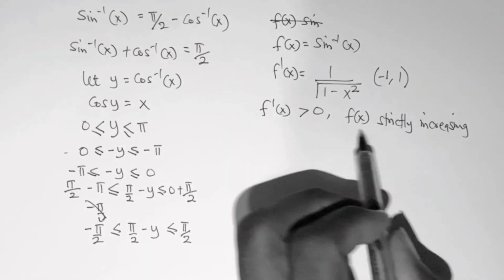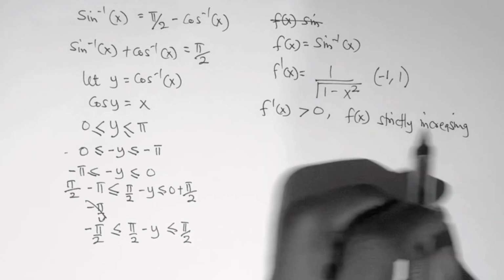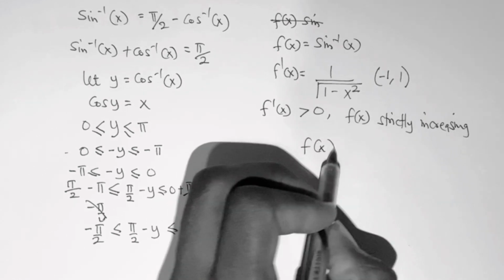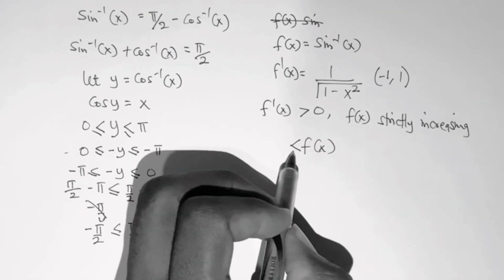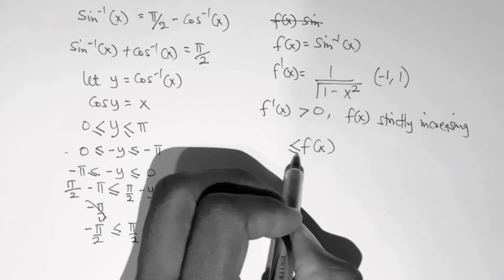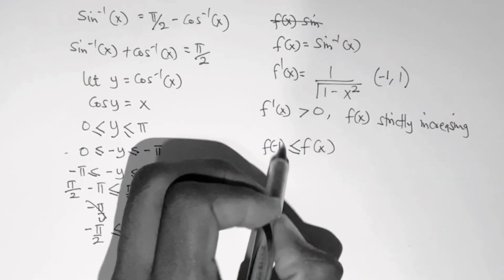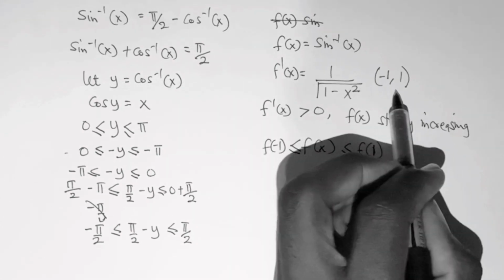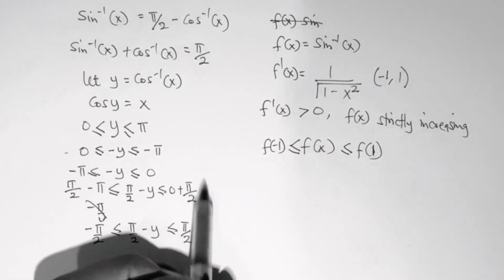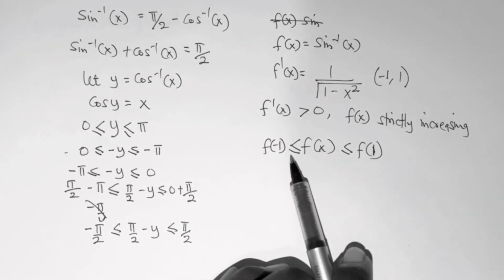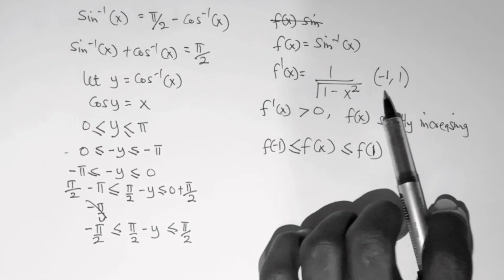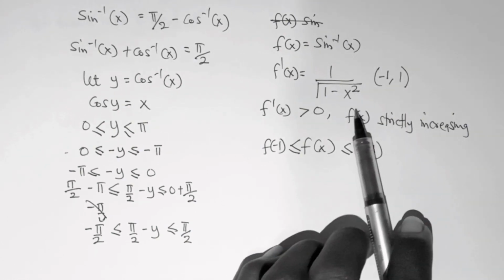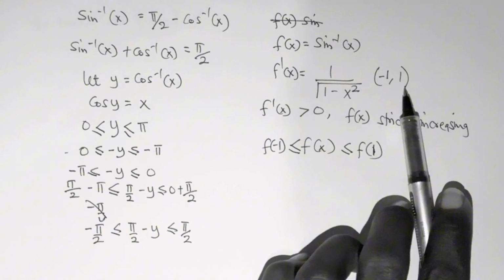So since f of x is strictly increasing, then by the mean value theorem, we know that f of x is greater or equal to f of minus 1, but less than or equal to f of 1, because this is the interval of f of x. Remember that by the mean value theorem, the function must be differentiable on the open interval, and continuous on the closed interval.